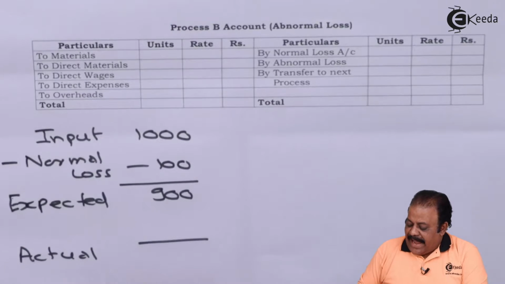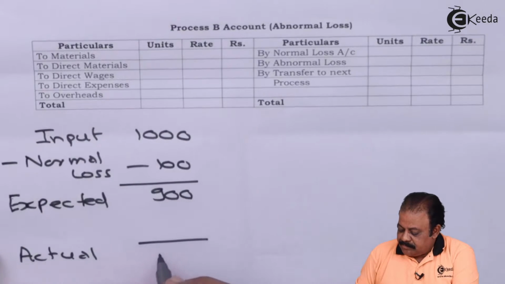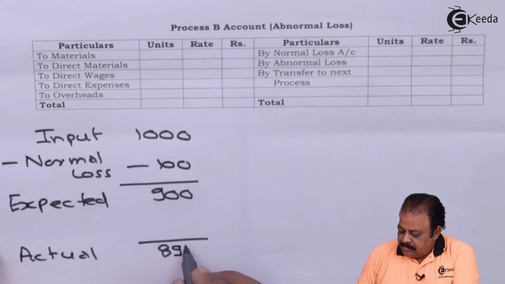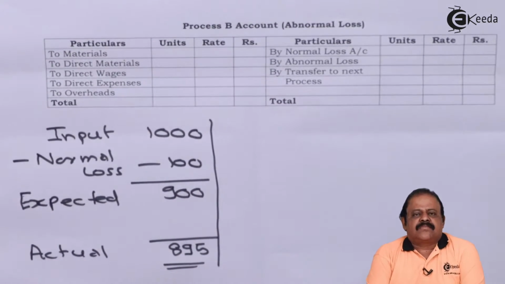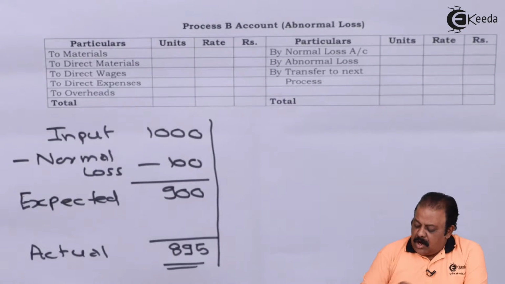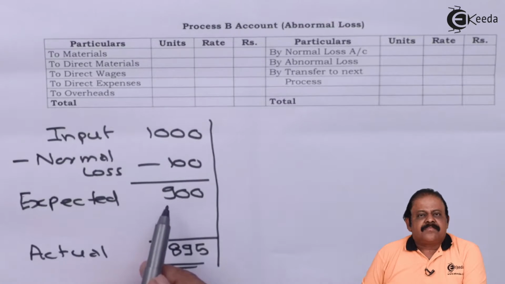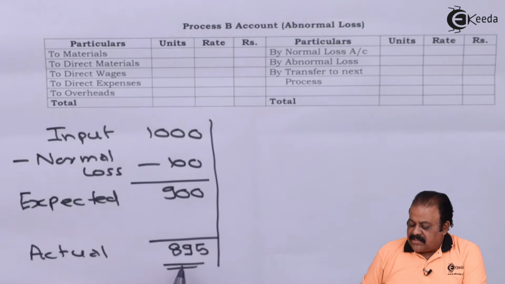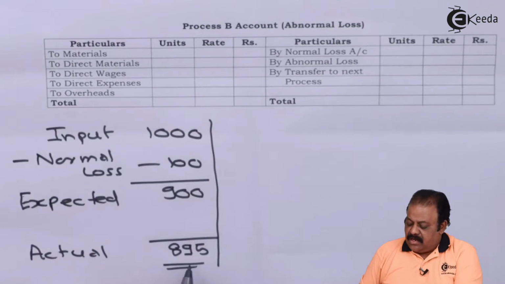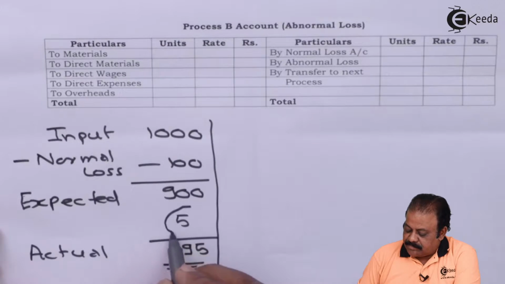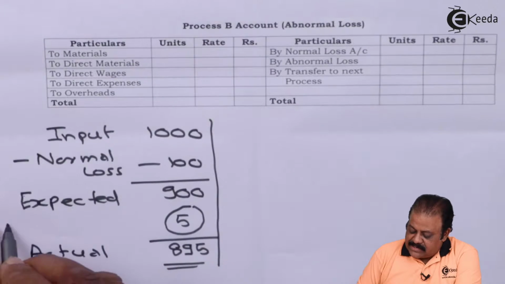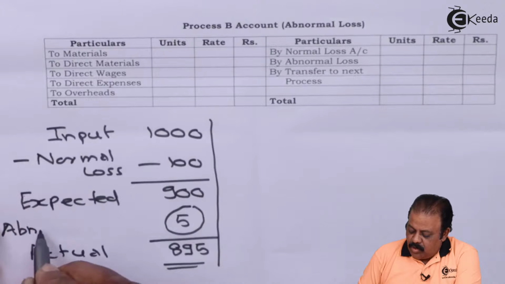Now suppose the actual output we got is 895 units. Normal output we expect is 900, but actual is lesser than that, 895. That means there is a difference of 5 units. This is called abnormal loss.